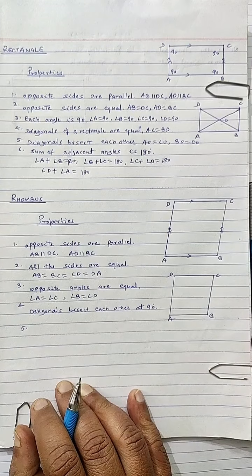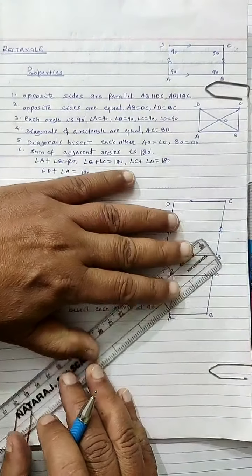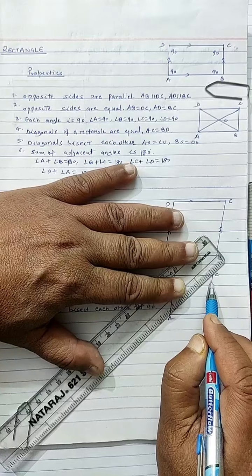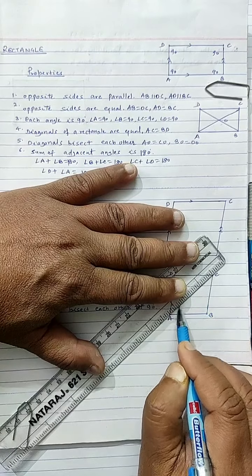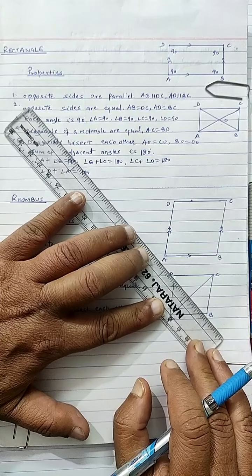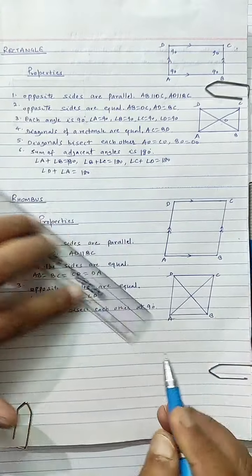So we draw the diagonals of this rhombus. Actually, for the diagonals, I have drawn the separate figures so that you can understand properly. These are the diagonals.